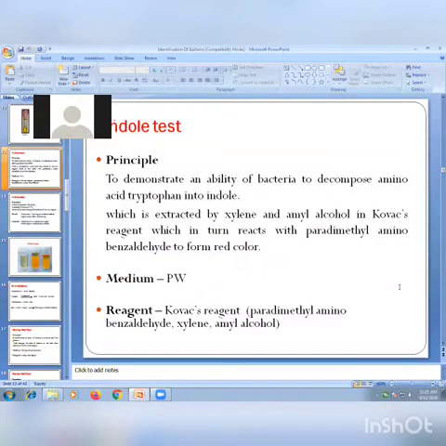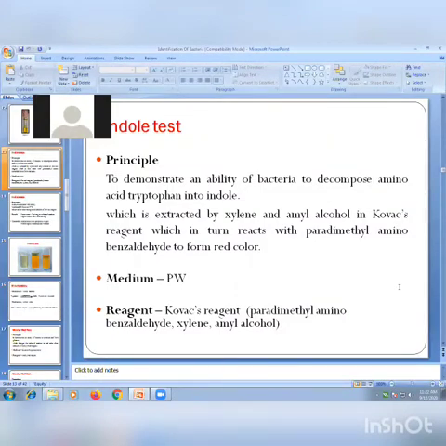So, the indole test now. The principle of the indole test is to demonstrate the ability of bacteria to decompose the amino acid tryptophan into indole. In peptone water, tryptophan is always present. It is a tryptophan-rich medium, and the conversion of tryptophan to indole by a few bacteria is detected. The indole is extracted by xylene and amyl alcohol in the Kovacs reagent, which in turn reacts with para-dimethylaminobenzaldehyde to form a red color. So colorless to red indicates a positive test.